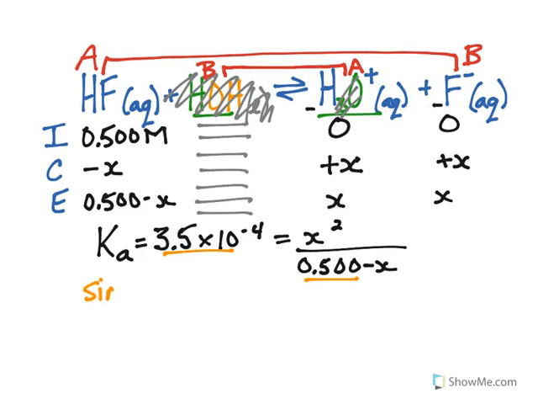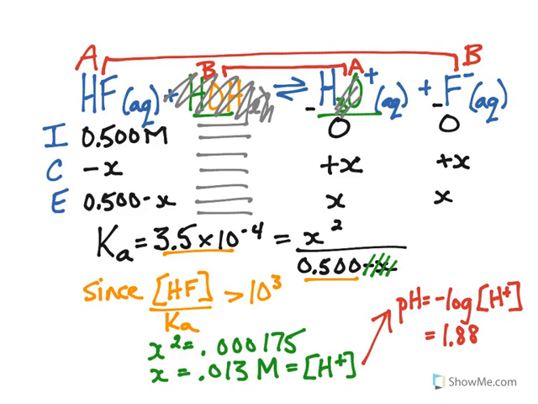So since the concentration of my acid compared to my Ka value is much greater than 1,000 times, I can feel confident knowing that this subtract x here will not appreciably change my result, and that makes this a much faster question to solve.